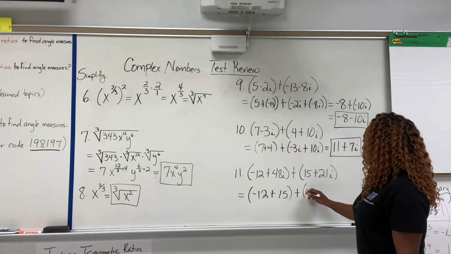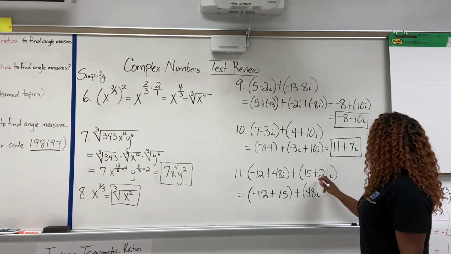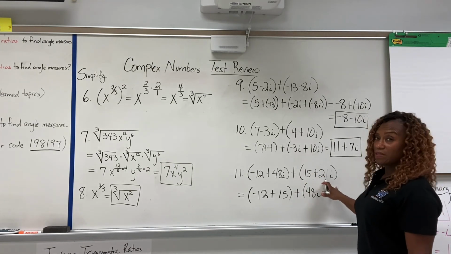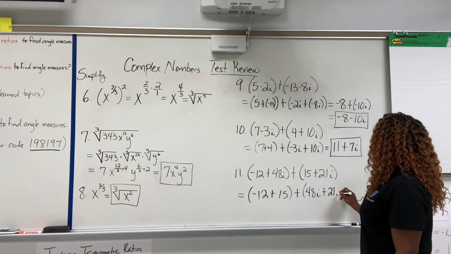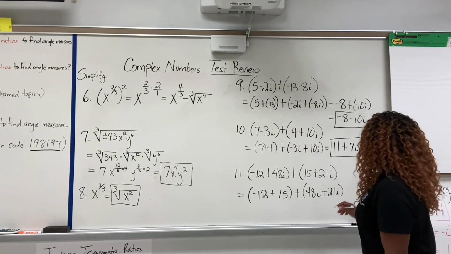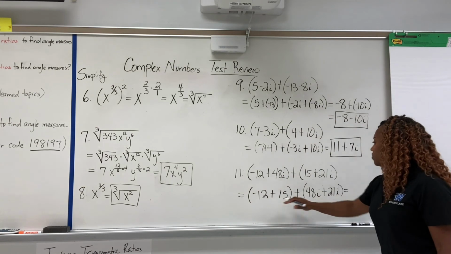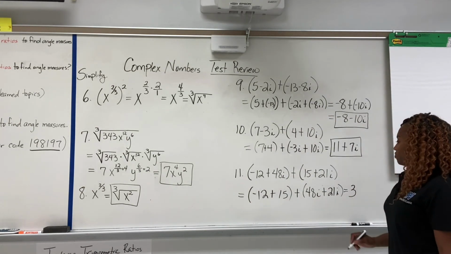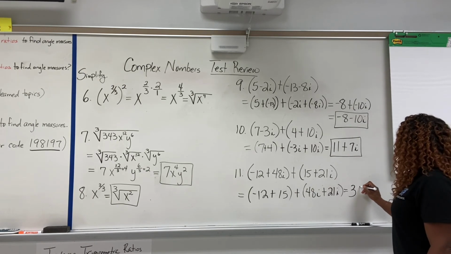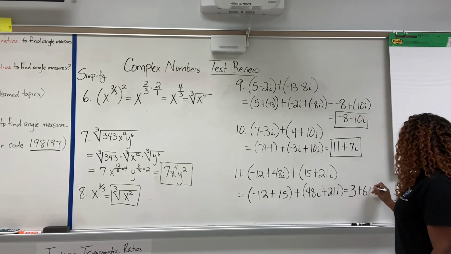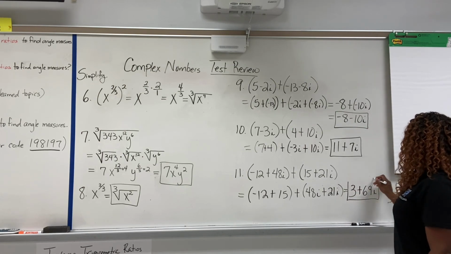This imaginary part, 48i, plus this one. And notice this is positive. I don't have to put plus a negative 21i, just put 21i. So our final answer here is gonna be negative 12 plus 15, well that's 3. 48i plus 21i, that's gonna be plus 69i. And there's my final answer.